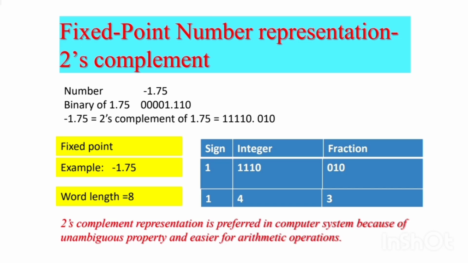So the same number, minus 1.75, and what we need to do is take the 1's complement at first, then add 1 to that. So for the previous example, that is minus 1.75, the corresponding 2's complement representation is 1, that first one is the sign, then we have 1 1 1 0 for the integer part, then for the fractional part we will be having 0 1 0, but previously for 1's complement it was 0 0 1, plus 1, it becomes 0 1 0.